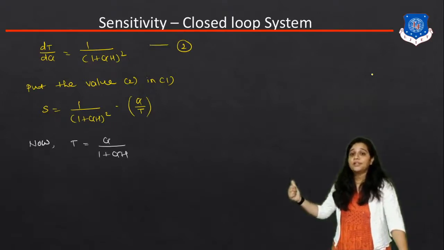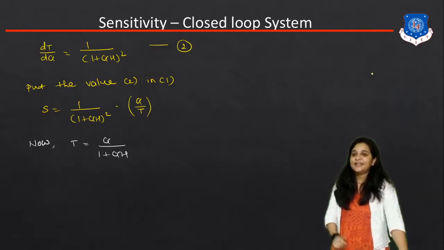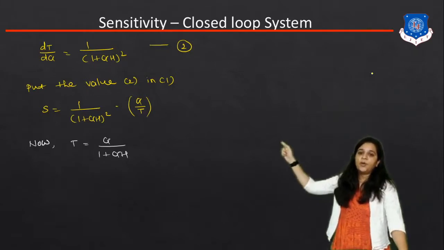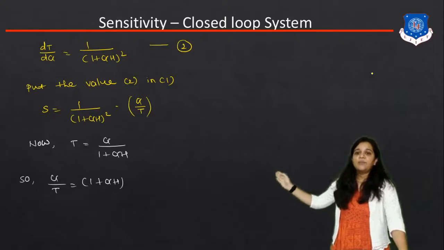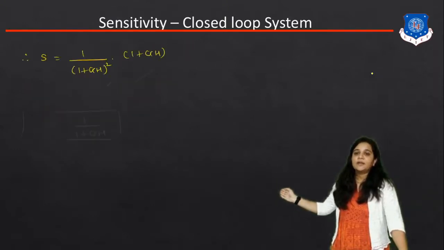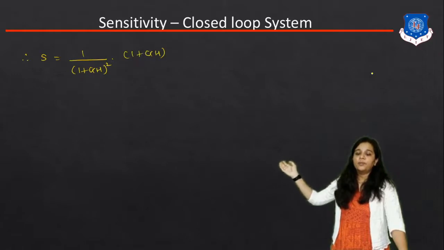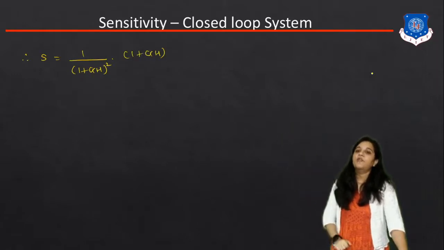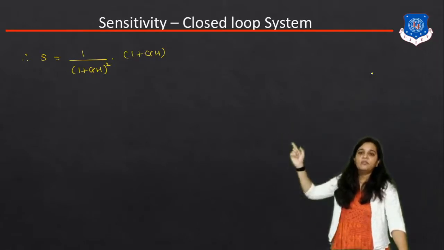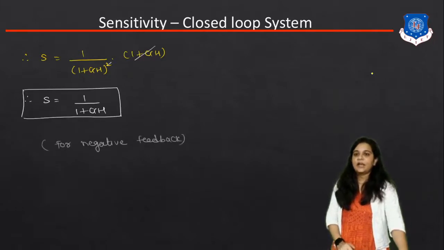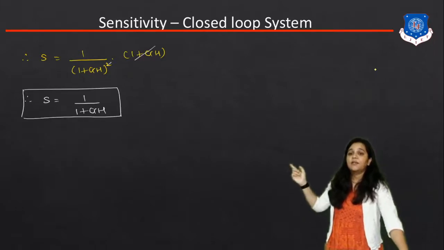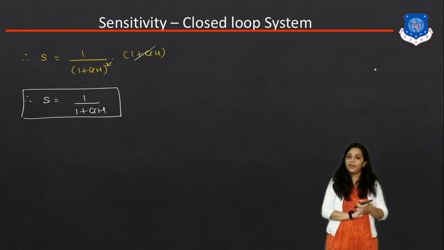Now, as you know, the transfer function T = G/(1 + GH), so G/T = 1 + GH. So S = 1/(1 + GH)² × (1 + GH). The term 1 + GH is cancelled out, and we get S = 1/(1 + GH).